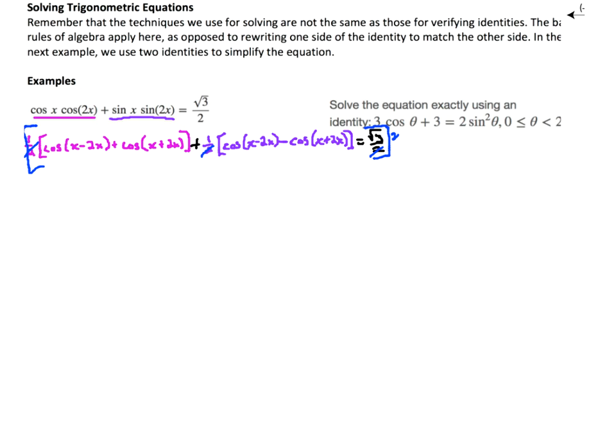So what I really have happening is the cosine of x minus 2x is cosine of negative x, plus cosine of 3x, plus cosine of negative x minus cosine of 3x, equaling the square root of 3 over 2.